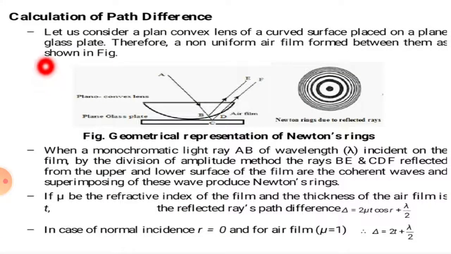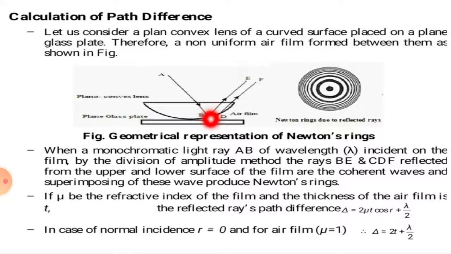Now, calculation of the path difference. To find the path difference between these two reflected light rays, a monochromatic light beam is incident on the lower surface of the glass plate at a point B. At this point, the light is divided into two parts. A part of the light is reflected back into the same medium, traveling along the path BE.